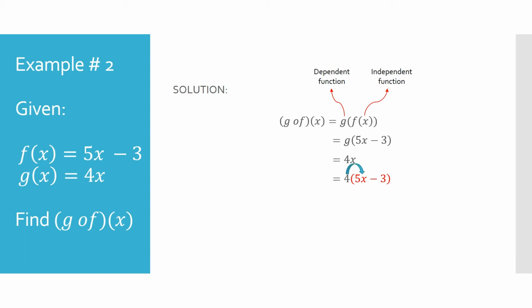Next, we will simplify. So we will distribute 4 to 5x and to negative 3 and then multiply. So we have 4 times 5x is 20x and 4 times negative 3 is negative 12. So we have 20x minus 12 as our final answer.